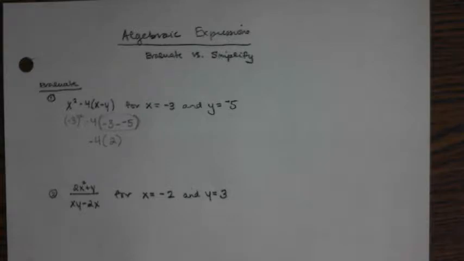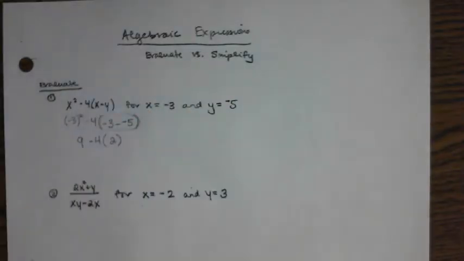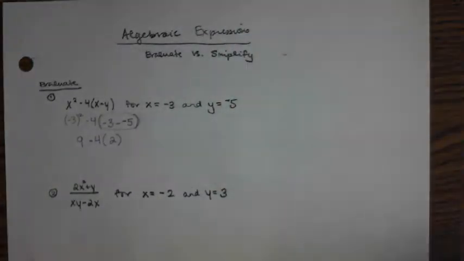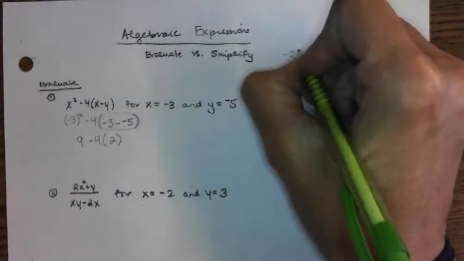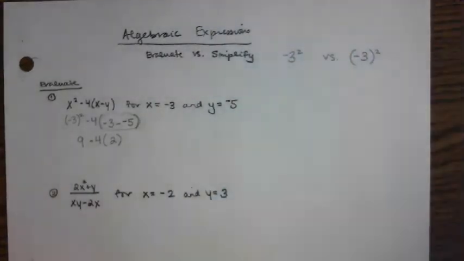Negative 3 squared, that's an exponent. So Corey, what's negative 3 squared going to turn into? Positive 9, very good. If you didn't have those parentheses there, technically, and maybe you would mentally end up on the right side anyway, but negative 3 squared versus negative 3 squared, big difference.